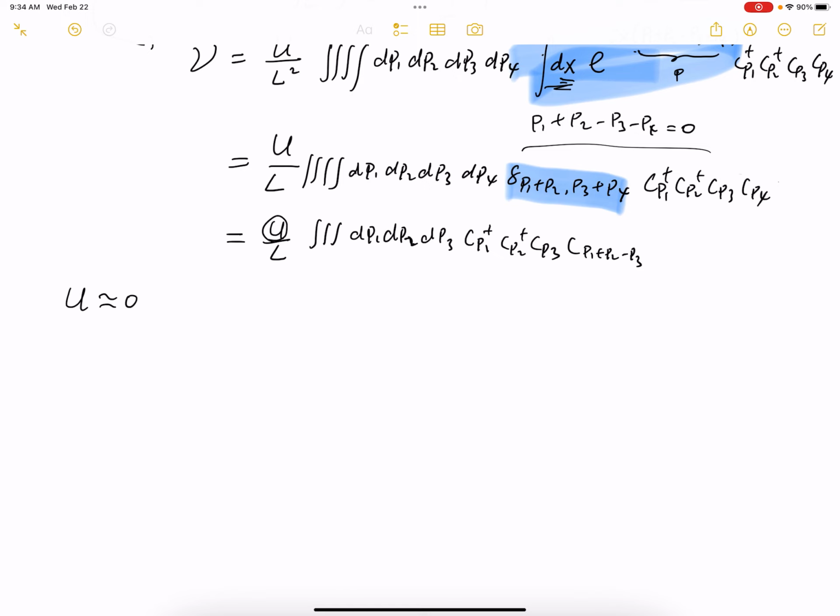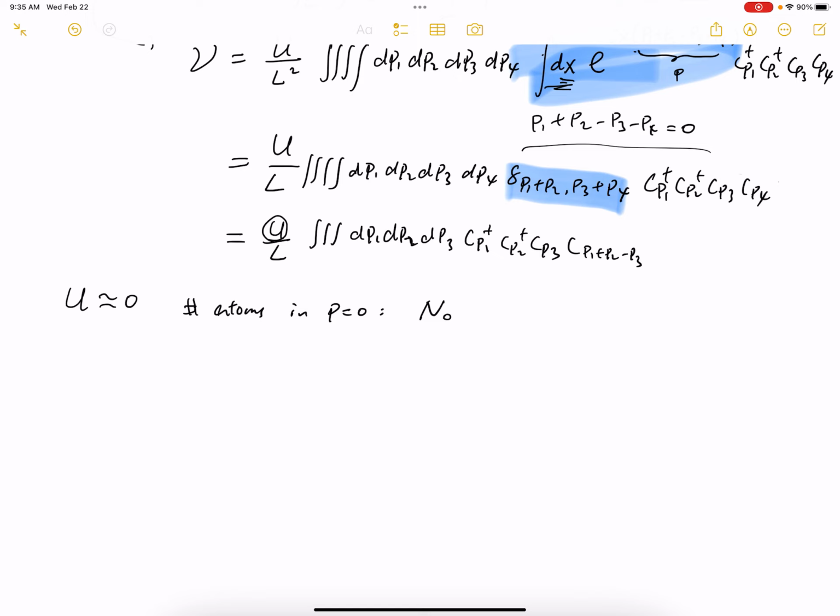If the interaction is weak, so first, without interactions, we know the ground state is just going to be all the atoms in the 0 momentum state. So we can call the number of atoms in P equals 0, the 0 momentum state, N0, right? The subscript stands for P equals 0.